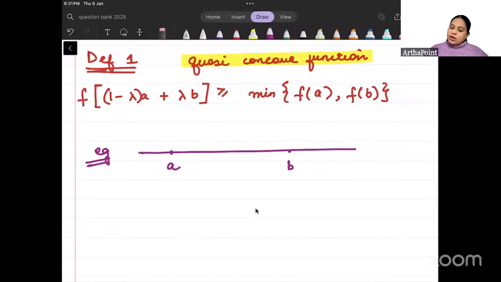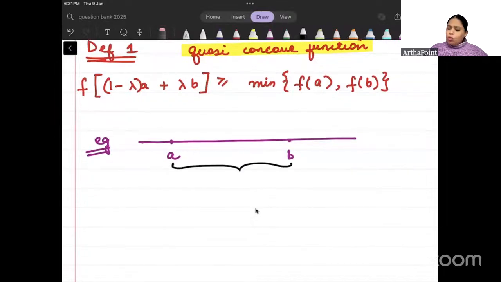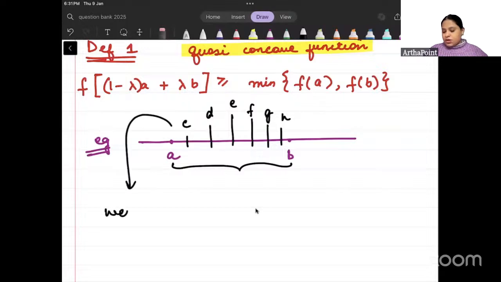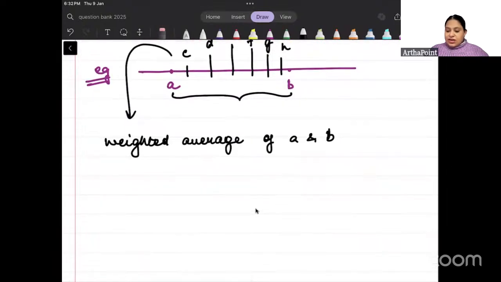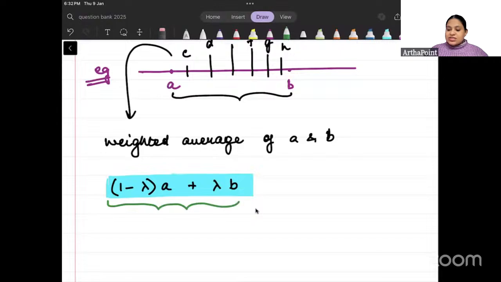I take any 2 points on a line segment, then this entire line segment, जो भी इसके बीच में point lie करेंगे, point C, point D, point E, point F, point G, point H, कोई भी point अगर हम बात करें, any point that will lie between 2 points can be written as a weighted average of A and B. Mane, when I say that I want to write 1 minus lambda times A plus lambda times B, I am giving some weightage to A and some weightage to B. Then this point is any point between points A and B. C can be written as some weightage to A and some weightage to B. D can be written as some weightage to A and some to B. F can be written as some to A and some to B, and so on and so forth.